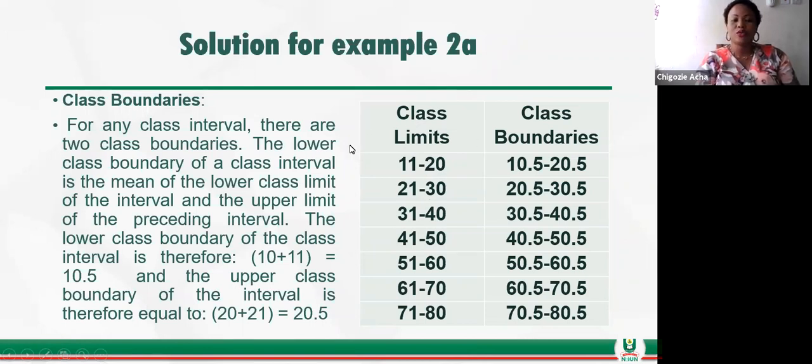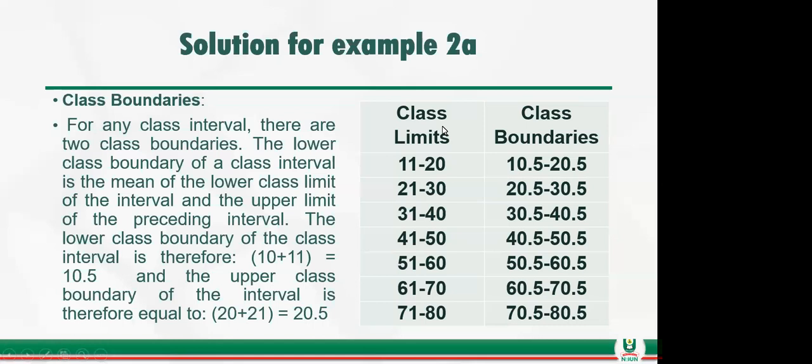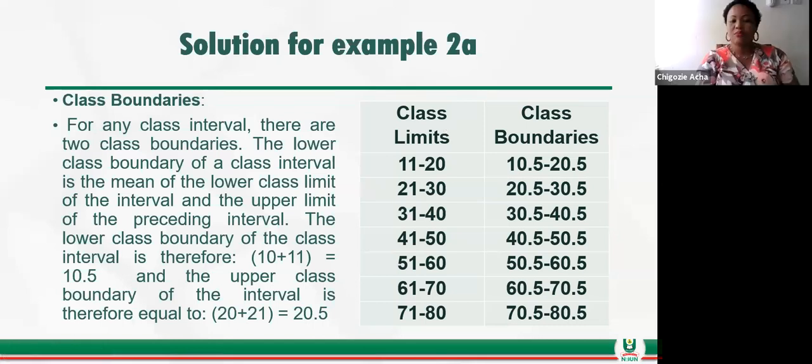You can use your class interval or class limit. If you have your class limit, for the lower class boundary, the preceding interval is what you are going to use. Before this one, what is the class limit that we have?